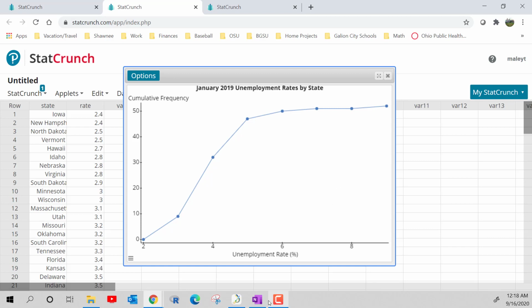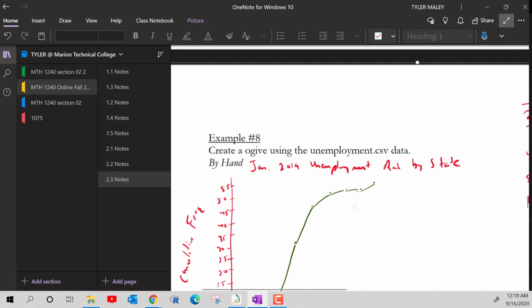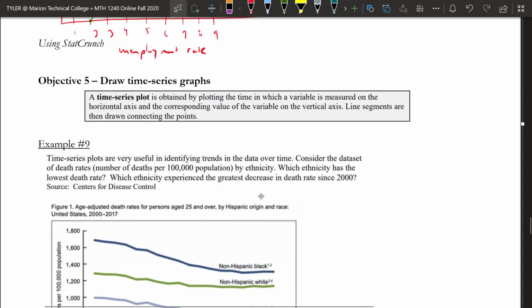All right, so the next type of graph to look at with quantitative data is a time series graph. A time series plot is obtained by plotting the time in which the variable is measured on the horizontal axis and the corresponding value of the variable on the vertical axis.